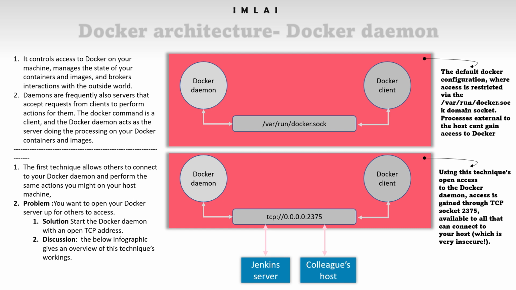It could be a Jenkins server to automate the process, or a colleague's host to do the debugging, whatever it may be. But first, let us look into the first technique, how they communicate, and then we will get into the second technique.